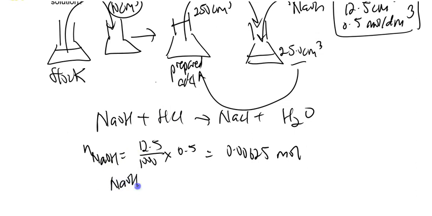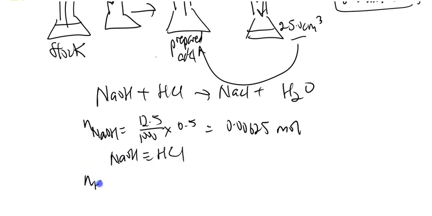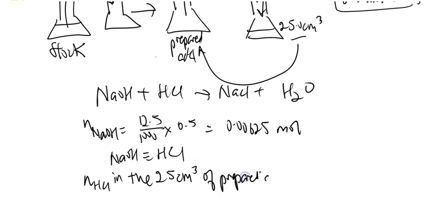One NaOH reacts with 1 HCl, so the number of moles of HCl in the 25 cm cube of prepared solution is 1:1, 0.00625 moles as well. Okay, so this is in the 25 cm cube of prepared solution.